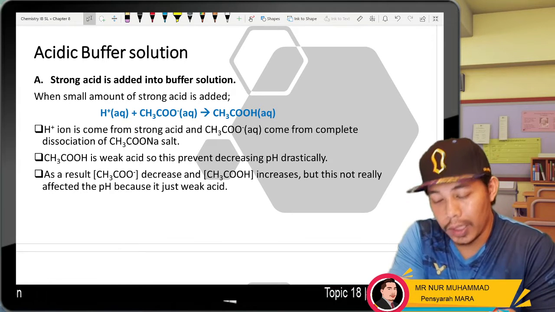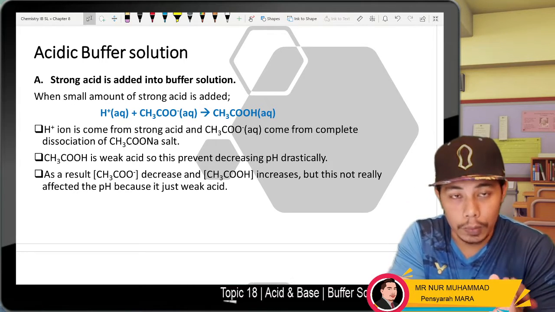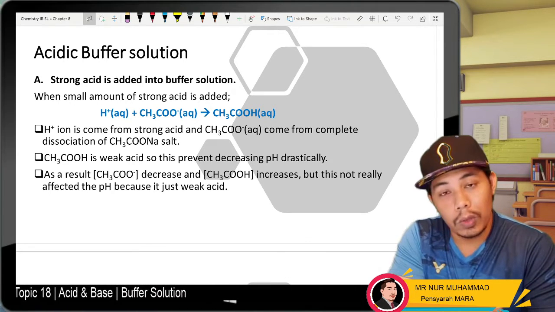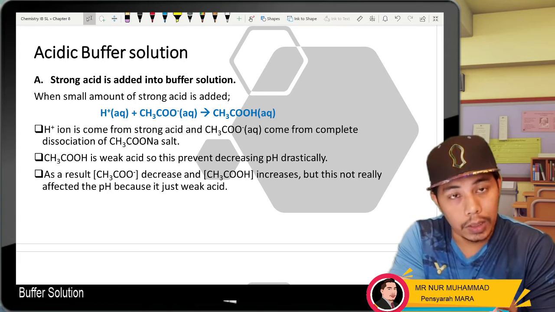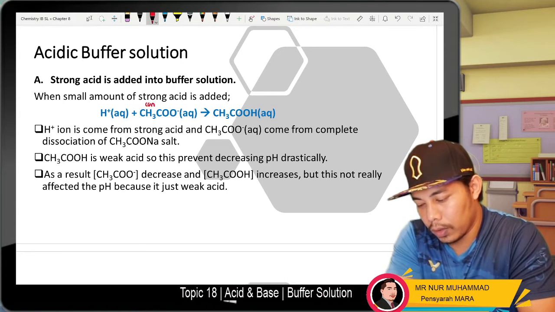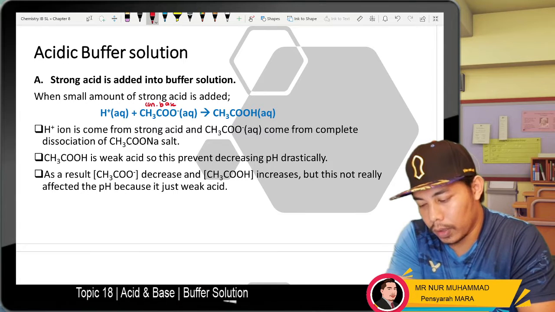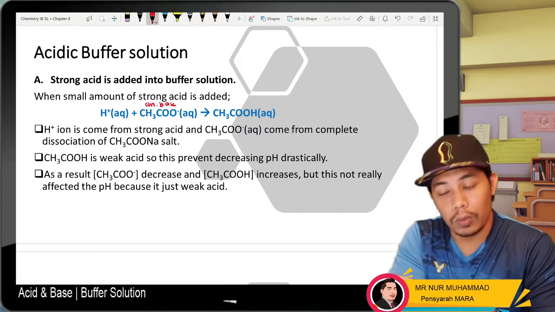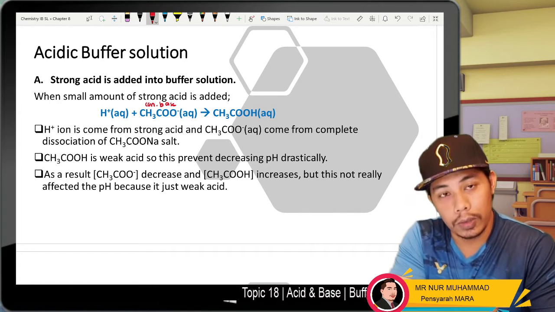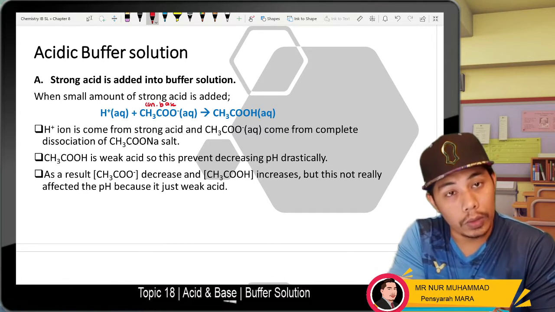Hydrogen ion represents acidic properties. Now, the buffer solution has ethanoate ion, which is the conjugate base. So the hydrogen ion will be neutralized by the conjugate base, ethanoate ion, and produce ethanoic acid.